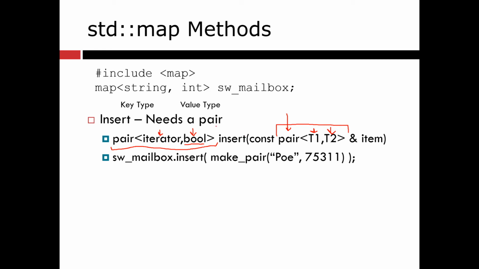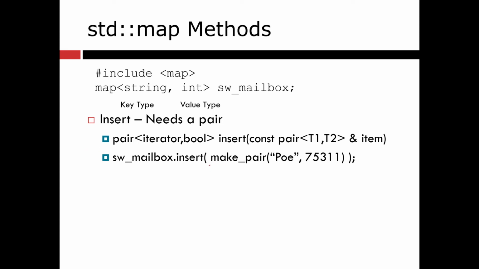Now remember that we're in a single map right now, which means that if I try to add a thing that has the same key, not a thing that has the same value, but a thing that has the same key as something else, we are going to get a false there, a false insert, because we can't insert duplicates into a singular map. If it's a multi-map, we can, but if it's a singular map, we cannot.